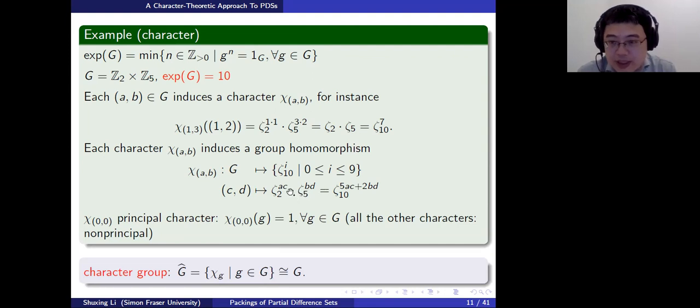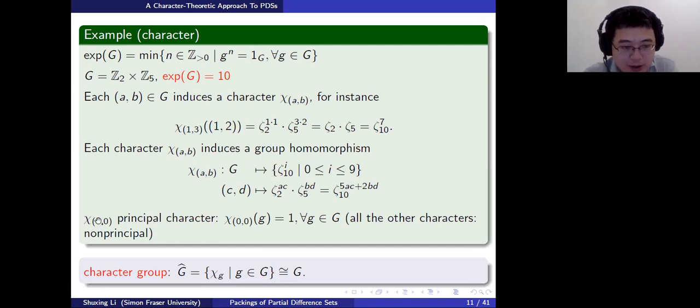And at this point, you may imagine a character is actually a very efficient compressor. It distills the information of G into a well-understood cyclic group. And this cyclic group has order equal to the exponent of G, which could be much, much smaller than the order of G. So chi maps objects in G into a bunch of complex numbers.